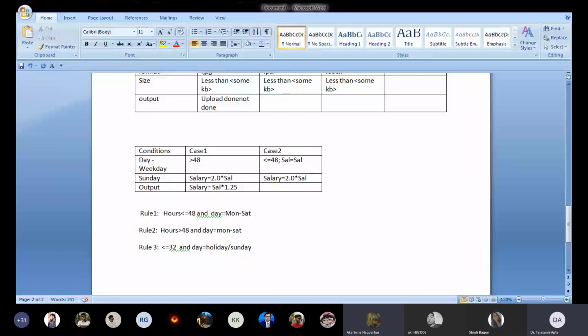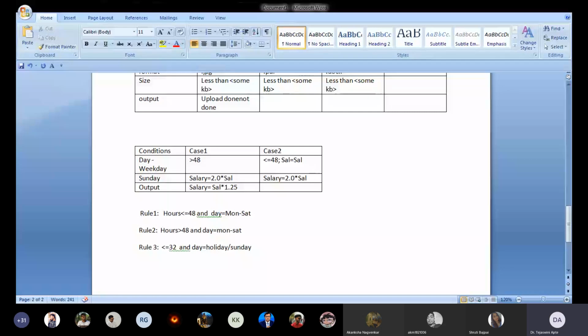The third is holidays or Sundays. Irrespective of anything, I'm going to get the 2.00 of salary. So here, the C1 is getting ignored. Are you getting my point? I'm going to withdraw 2.0 of salary.